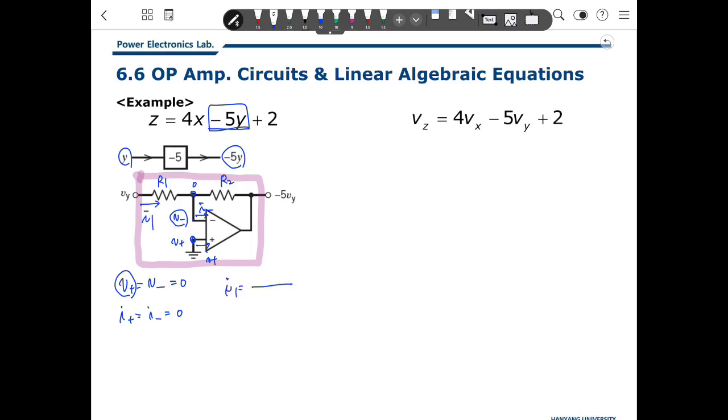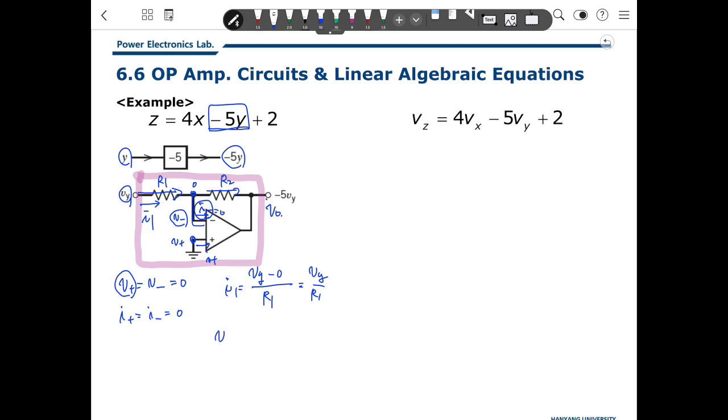I1 is Vy minus 0 over R1, which is Vy over R1. Because the I minus current is 0, this current all flows through here. So what is V out?